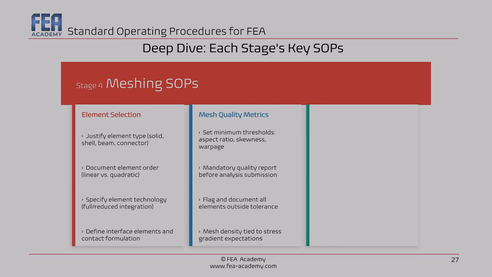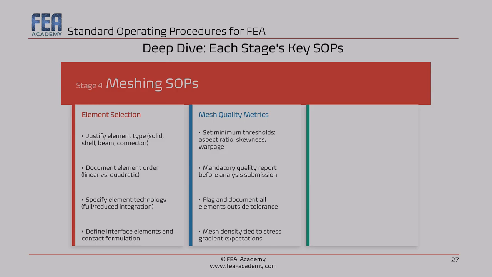So here, what I recommend as a starting point is an aspect ratio less than 5:1 for shell elements in regions of interest, skewness below 60 degrees, and warpage below 15 degrees for shell elements. But be careful, these are not universal. They are a starting baseline. Your SOPs should define what is appropriate for your context, your solver, and the type of analysis you are performing.